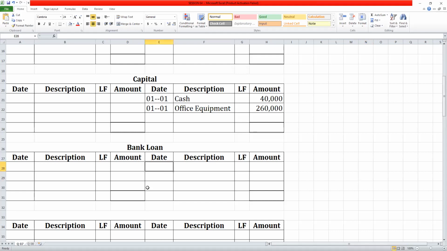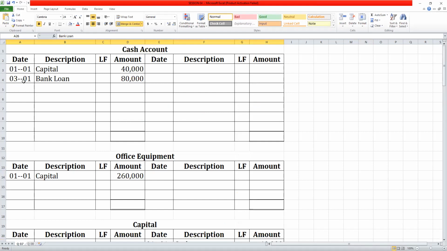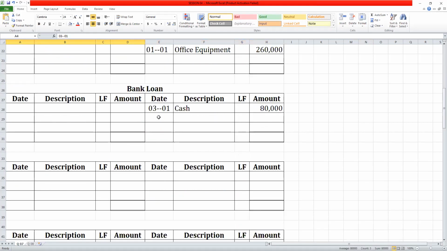The date is 3rd of January. Cash 80,000. Every transaction has a debit entry and a corresponding credit entry, supported by the principles of double entry.